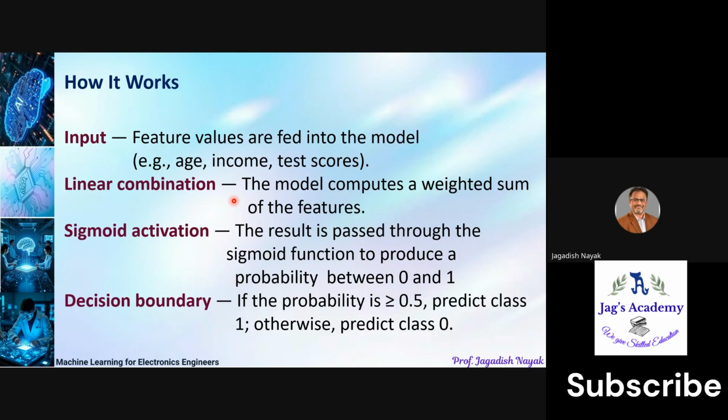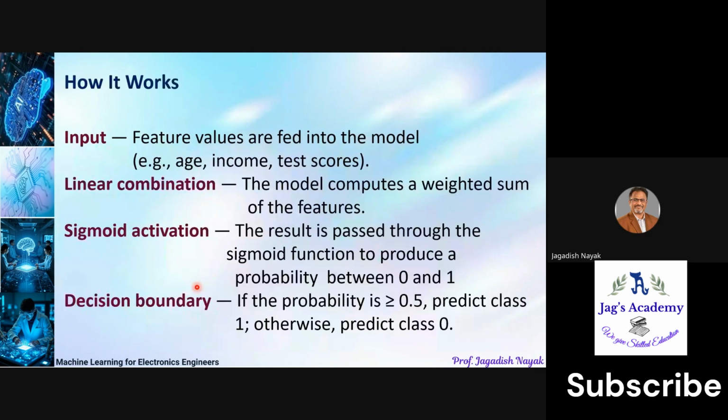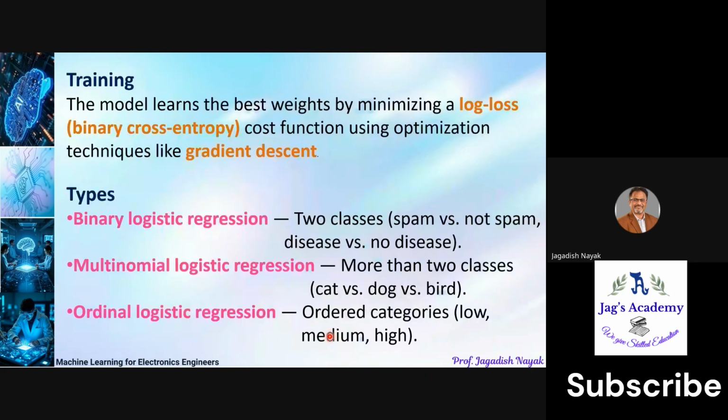Then it takes a linear combination: the model computes the weighted sum of the features and passes it through a sigmoid activation function, producing a probability between 0 and 1. Then you have the decision boundary. If the probability is greater than 0.5, you predict class 1. Otherwise, you predict class 0. This is the way logistic regression works.